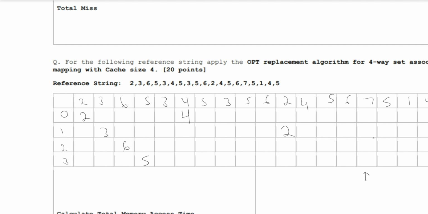So then we can look 4 spaces ahead. We're going to use 5. We're not using 6 or 2, right? There's a tiebreaker because we do use 4 and 5. If there's a tiebreaker, just do FIFO. Which one came first? 6 came first, right? So 6 can leave.